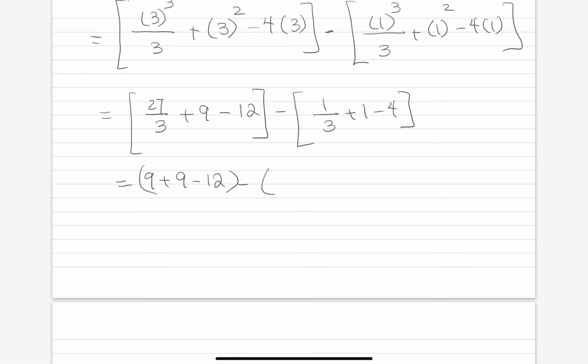So this is 1/3 minus 3. 9 plus 9, 18, minus 12, that's 6, right? Minus 1/3 plus 3, if I multiply that negative in. 6 plus 3 is 9. 9 over 1 minus 1/3. So that's 27 minus 1 over 3. That gives me 26 over 3.